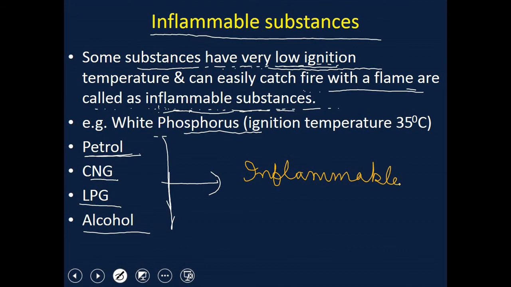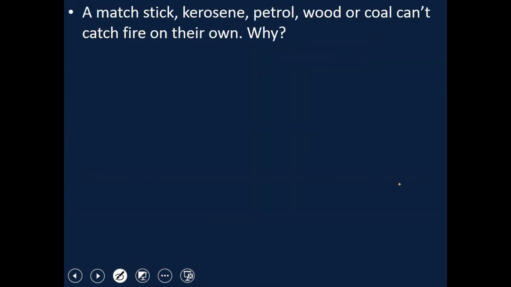They are highly inflammable. Then I have a few points here to discuss with you. Children, a matchstick, kerosene, petrol, wood or coal can't catch fire on their own. What is the reason why they can't catch fire on their own? The reason is that their ignition temperature is more than the atmospheric temperature.